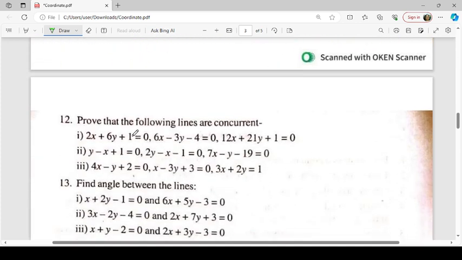Then prove that the following lines are concurrent. Concurrent means we find the point of intersection of two of these, and if it satisfies the other equation, then they are concurrent. So first find the point of intersection of these.